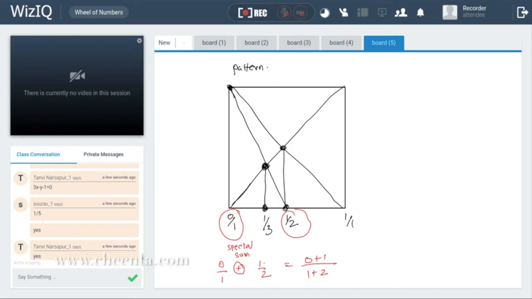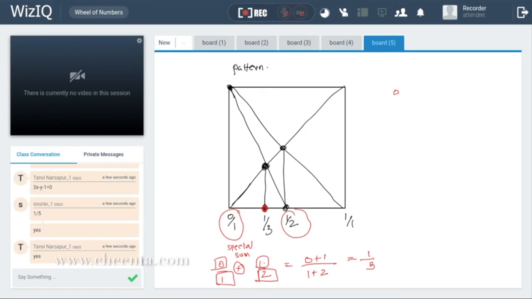Suppose we define it like this. So you just add the two numerators and you add the two denominators. So you have 1 by 3, which is precisely the next point that we have got.